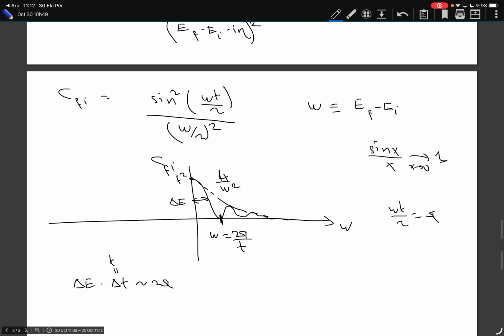If this condition is satisfied, then the amplitude can be large. If this condition is not satisfied, then the amplitude will be negligible. So this is the energy-time uncertainty relation that we have.